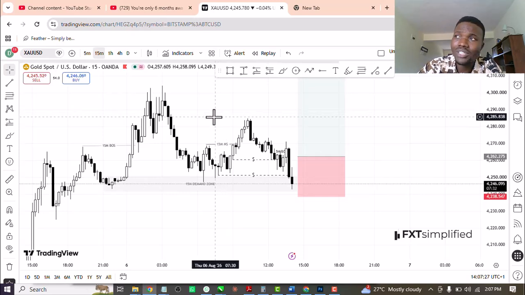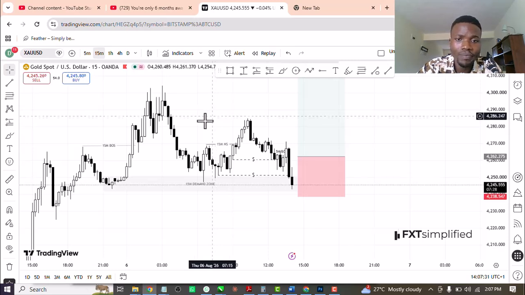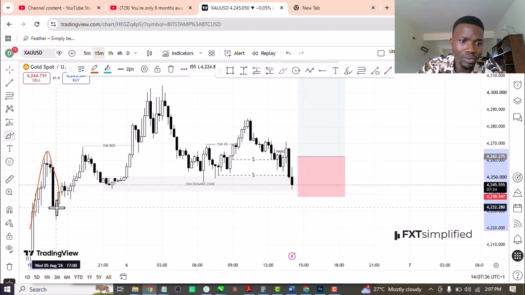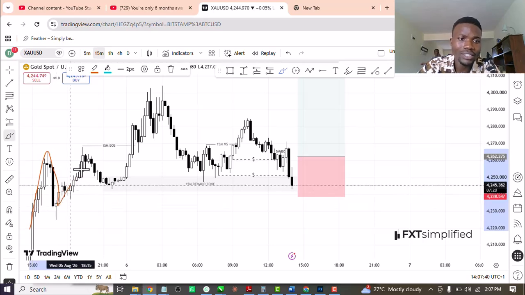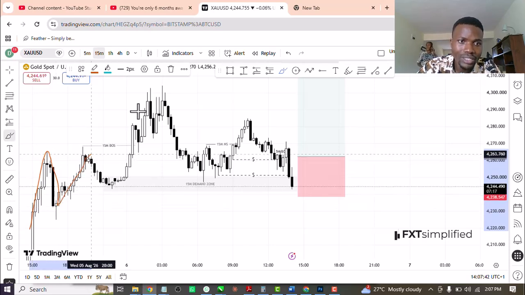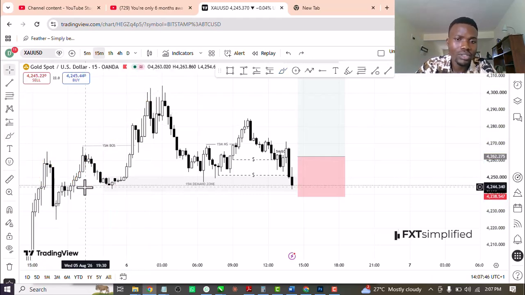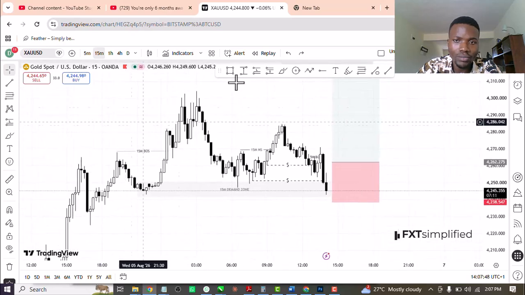Another thing I observed in the morning is that price created higher highs, higher lows, right? This is the higher low, so this is not a new high, this is the new high. Let me just look up something over here.